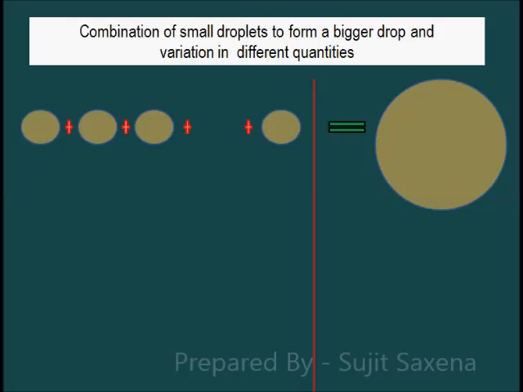When we combine small droplets, let there be n droplets.